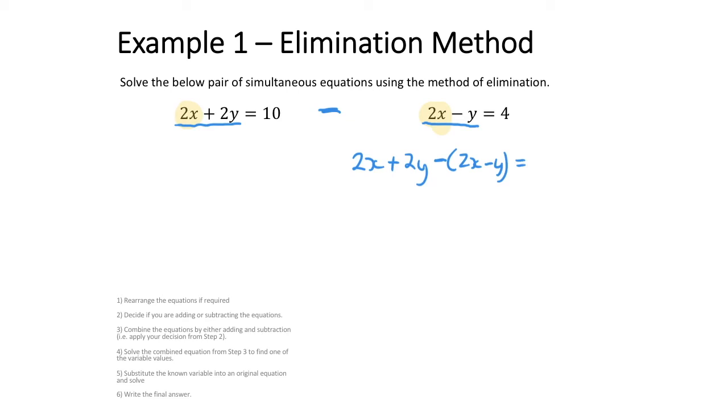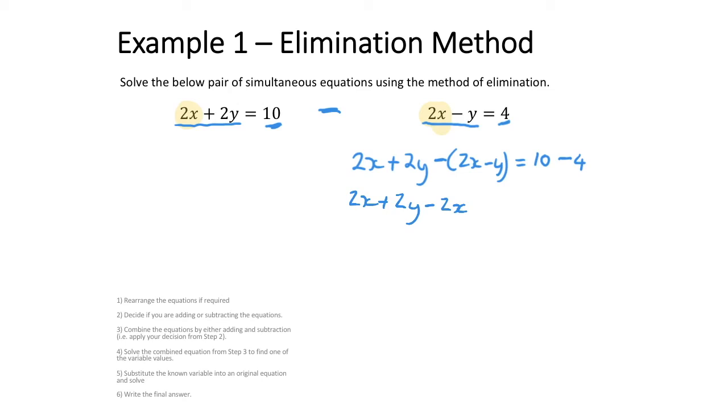Going back to the first equation, I've got a 10 on the right-hand side, and because I'm subtracting, it's minus the second equation's 4. So I can simplify and expand my brackets. 2x plus 2y, minus 2x, and then minus negative y.